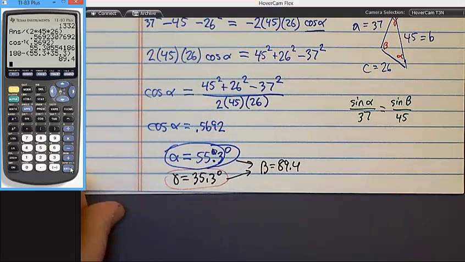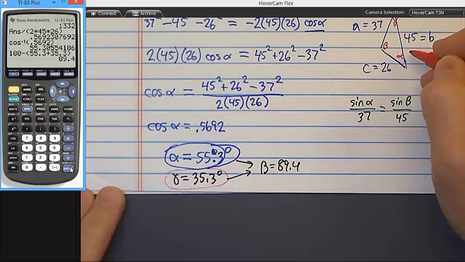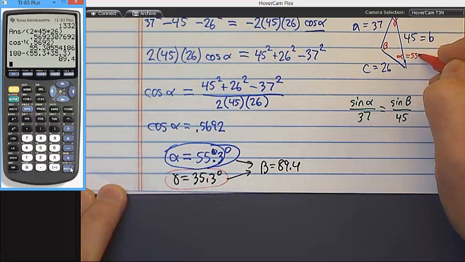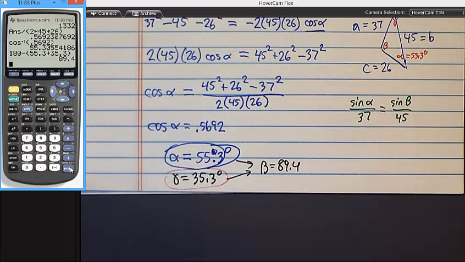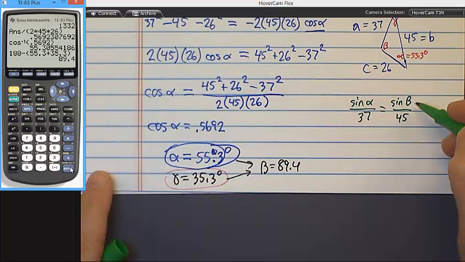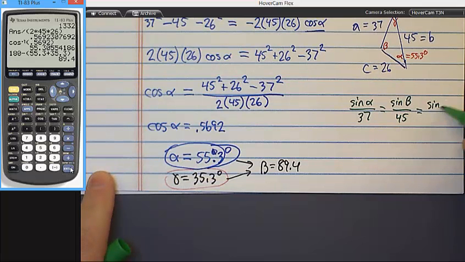You could have just said, well, I found alpha, so I actually know alpha in the picture we figured out is 55.3 degrees, and it's across from 37. So I could now use the law of sines to find one of the other ones, because I know sine of alpha over 37 is going to be the same as the sine of gamma, let's say, over 26.